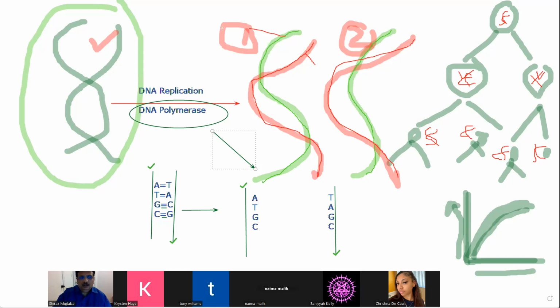So now DNA polymerase comes and a new DNA strand is synthesized. New DNA strand is synthesized.